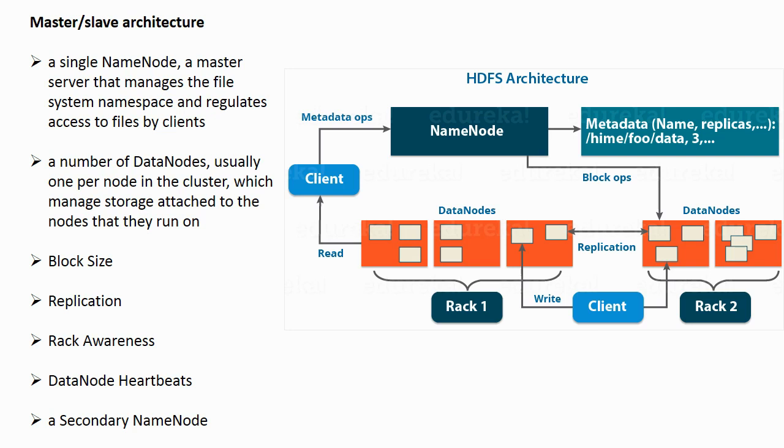So all that information keeps growing as you ingest more and more data into HDFS. So at some point you need to checkpoint the metadata so that if the name node fails, you can restore it. However, the secondary name node is not a failover for the name node. All it does is periodically ask the name node for the metadata, and then it checkpoints it. And we will see how that happens. So that's the overall architecture of the HDFS system.